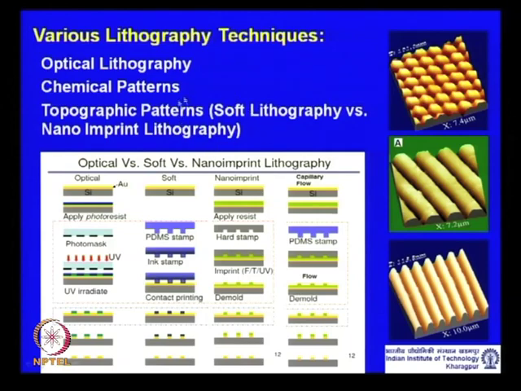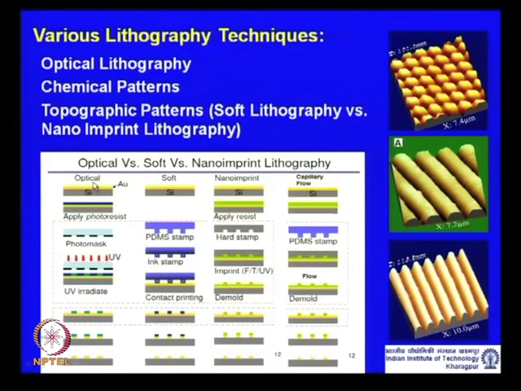This is where, as I am repeatedly telling, there is a keen feeling amongst many researchers that NIL is also nothing but a molding mode soft lithography, or it can be incorporated. But anyway, for the course we will regard NIL as not part of soft lithography, and as something distinct.